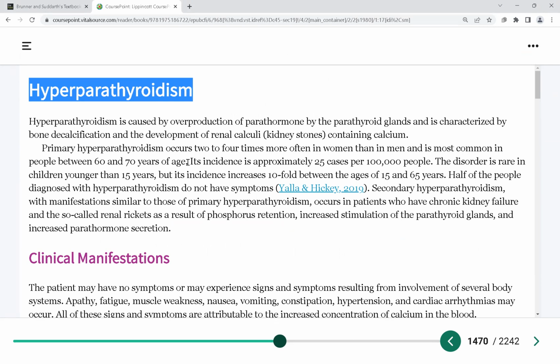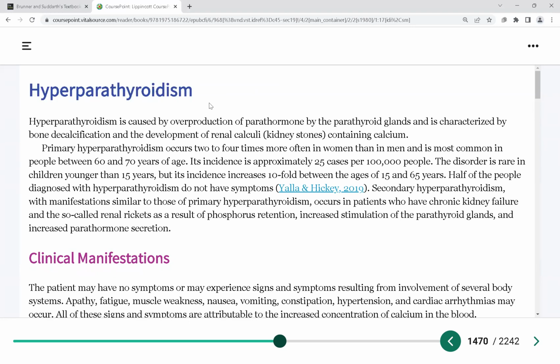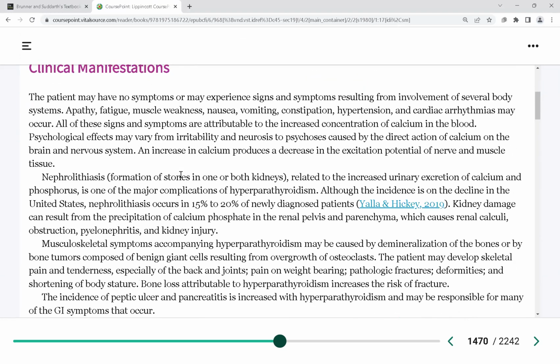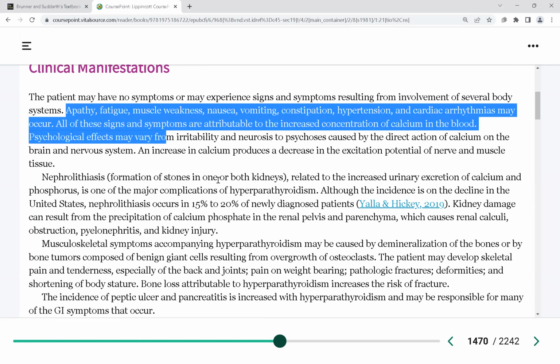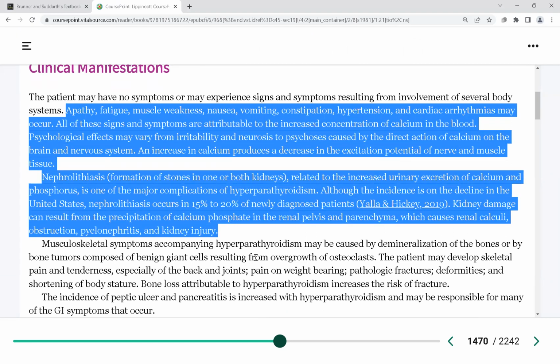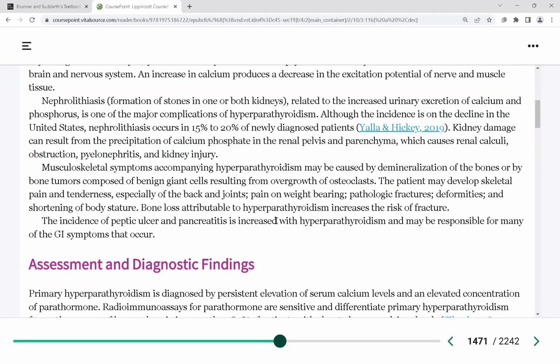Raise calcium level. So therefore, if you have hyperparathyroidism, what is the patient's main problem? They have too much calcium. Hypercalcemia. That's basically it. All the manifestations here are signs and symptoms of hypercalcemia.